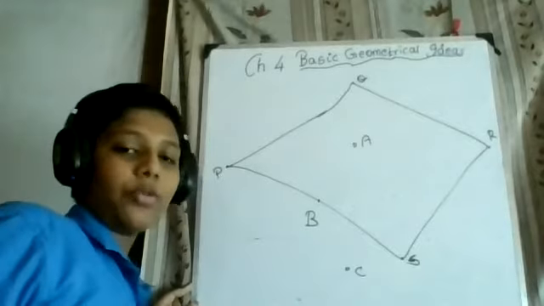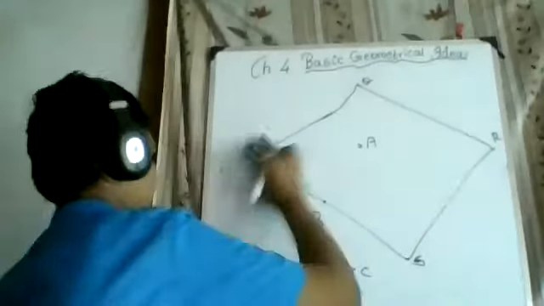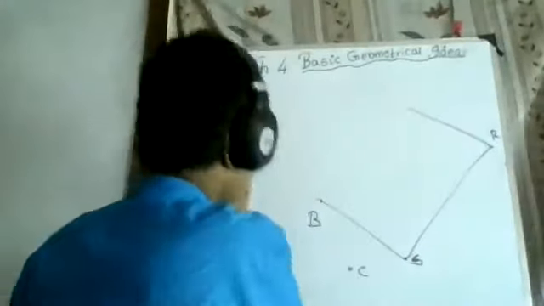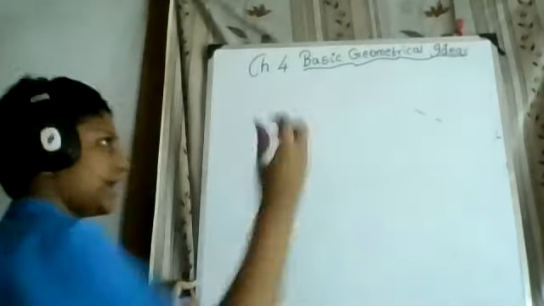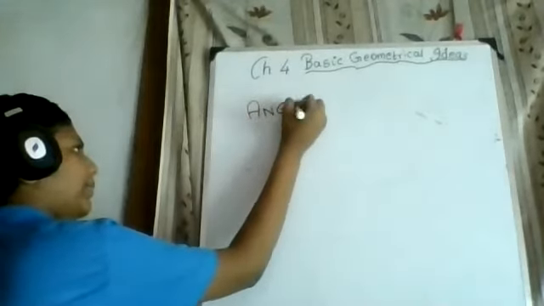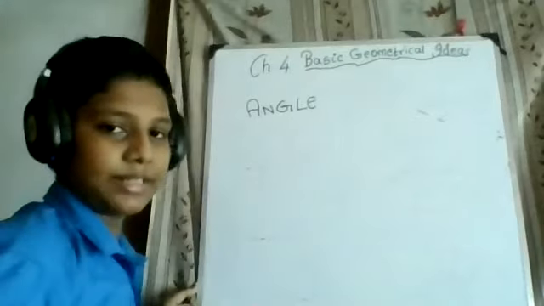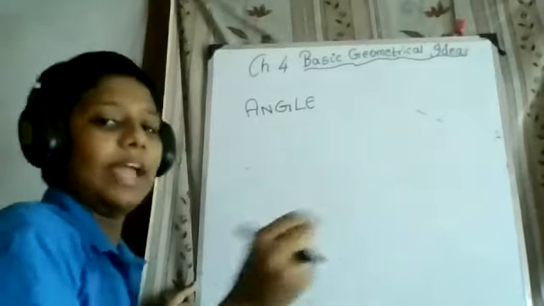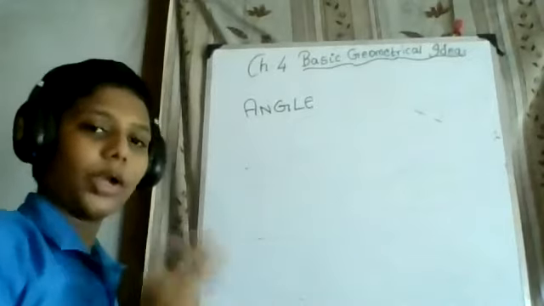Okay, now let us discuss what is an angle. Angle is formed when the starting points of two rays meet at a point.